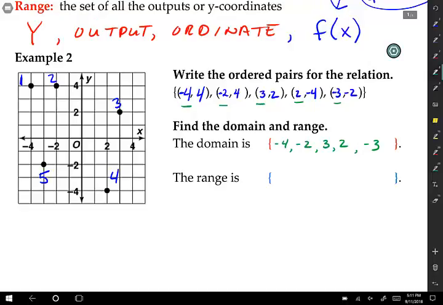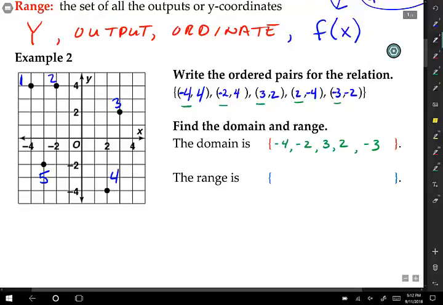The range is the values for y. So let's look at my values for y. I'm going to start with the lowest one down here at point number 4, and that's the value -4. My value at point number 5 is -2. Going up on the screen, my next value is +2 for point 3.